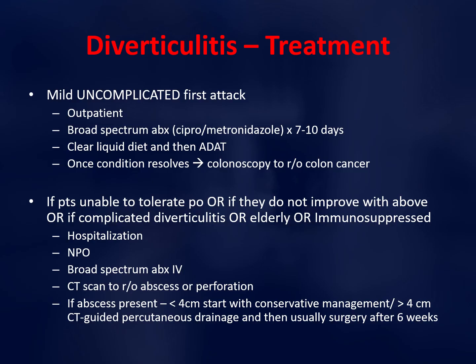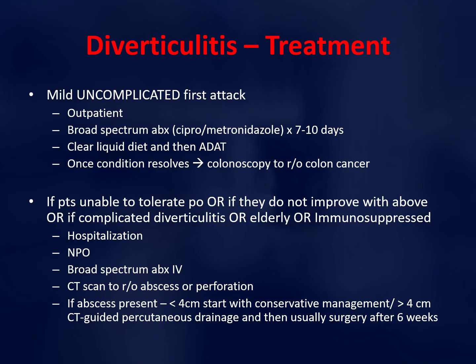In case of perforation with peritonitis, it's an emergent surgery that should be done. In case of an abscess formation, if the abscess is less than 4 centimeters in size, we should start the IV antibiotics and the conservative management, and observe the patient.